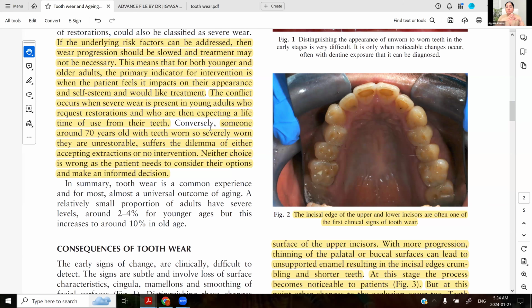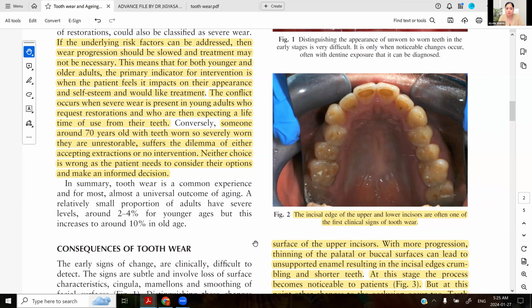Then the wear progression should be slowed, and treatment sometimes may not be necessary depending upon the patient's age and even their aesthetic requirements. This means that for both younger and older adults, the primary indicator for intervention is when the patient feels its impact on their appearance and self-esteem, and then they would like the treatment.